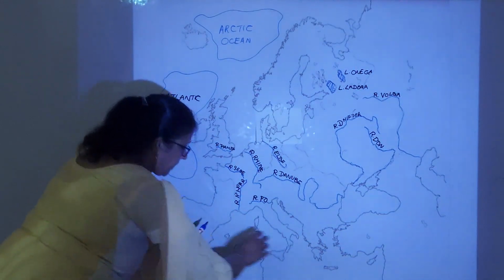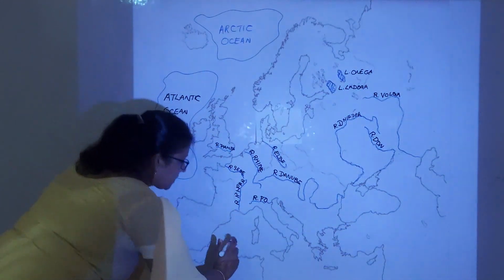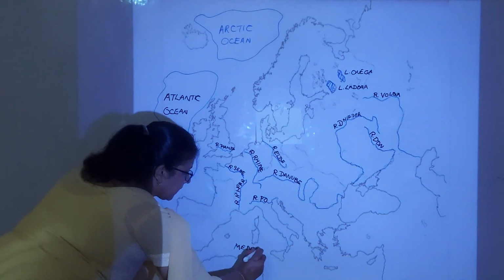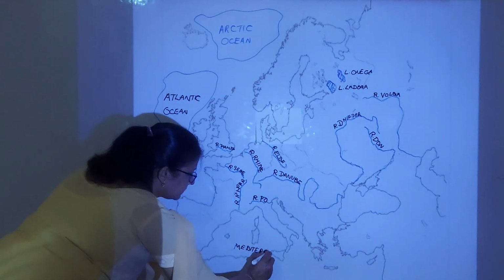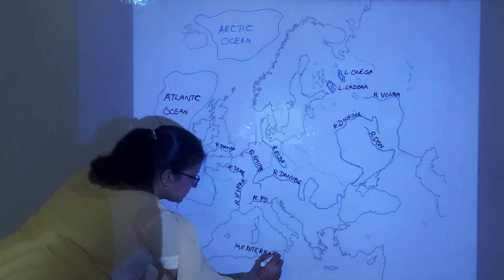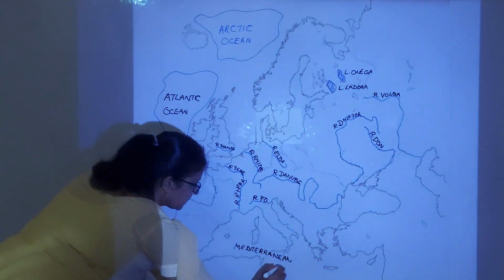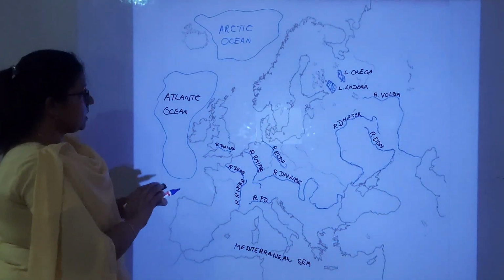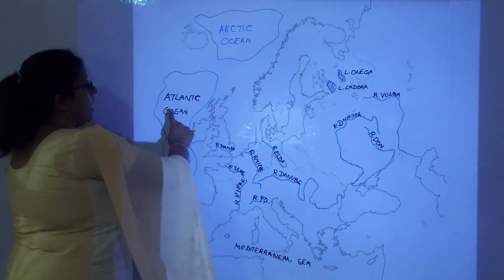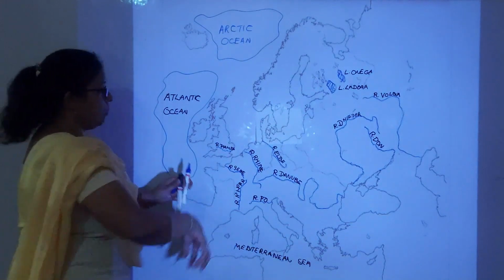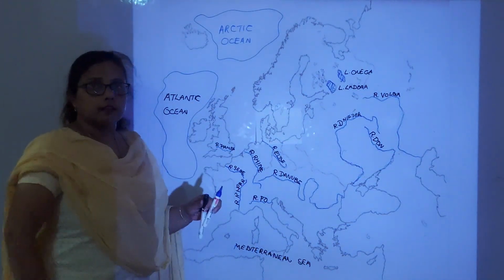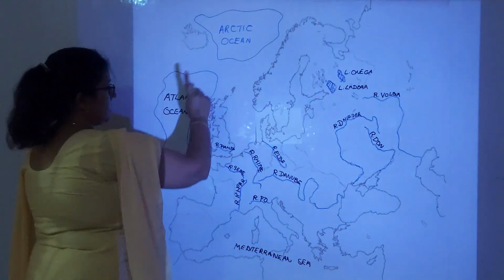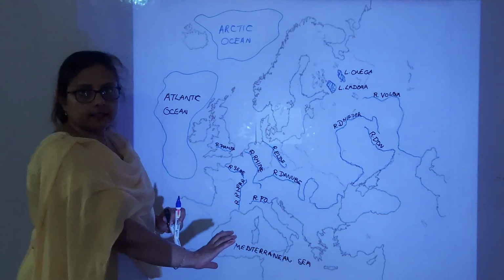You can color this entire area and write it with black, that is Mediterranean Sea. Fine. So these three are the most important water bodies around the continent of Europe, the Arctic, Atlantic and the Mediterranean Sea in the south.